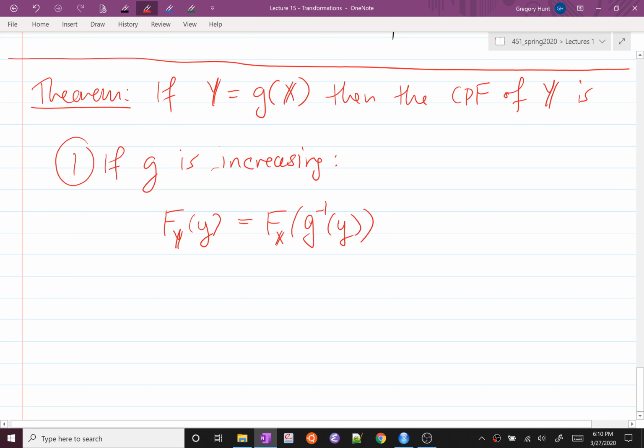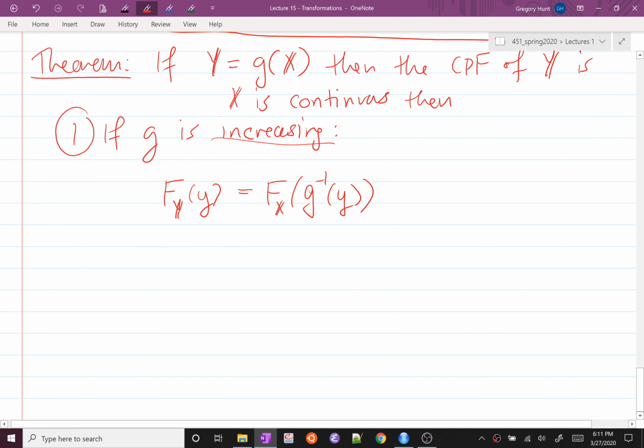If g is increasing, and we should put the condition that X is continuous, then if we want the CDF of Y in the increasing case, we plug g inverse of y into the CDF of X. Super simple.